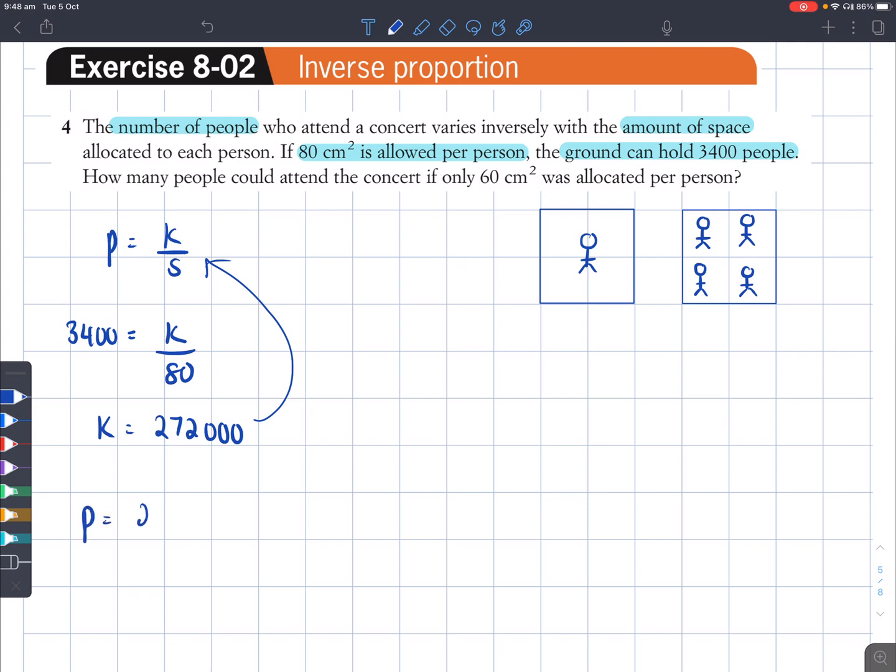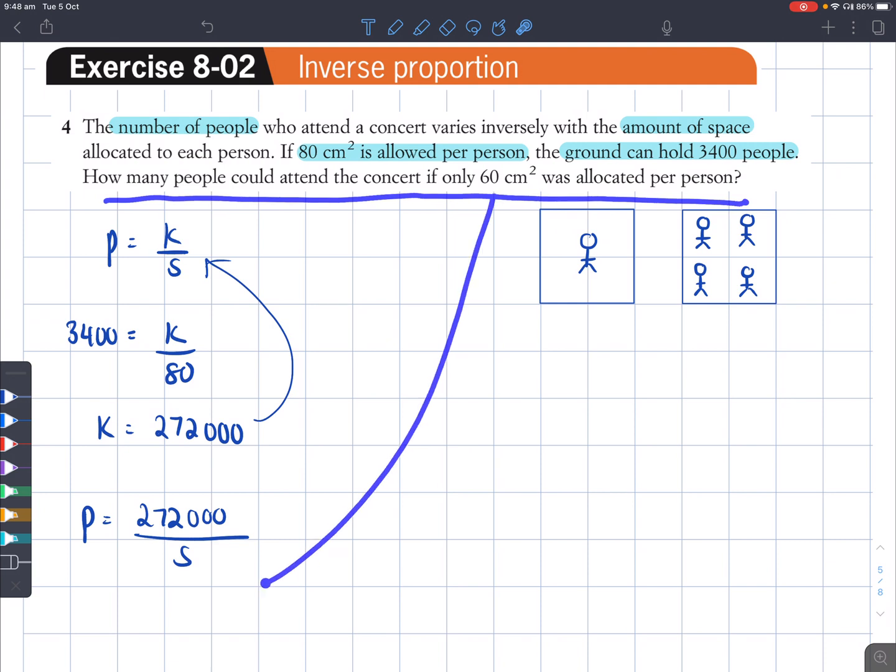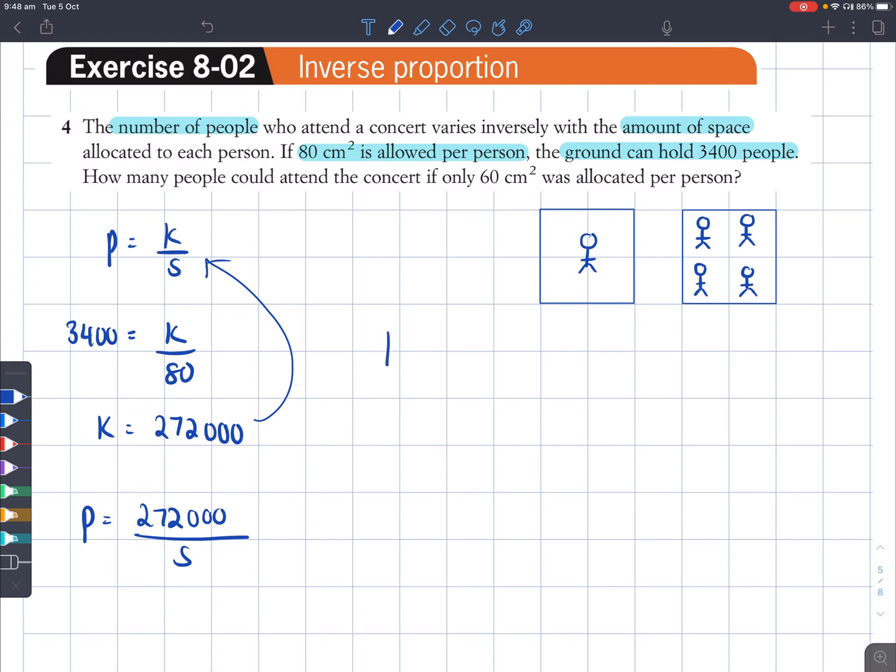Once I get that K value, I have to put that back into my equation up here. So P would equal 272,000 over S. Now the question is, how many people could attend the concert if 60 square centimeters was allowed per person? So this 60 square centimeters is referring to the amount of space, which is the S here. So if I just directly substitute that in, P would equal 272,000 over 60.